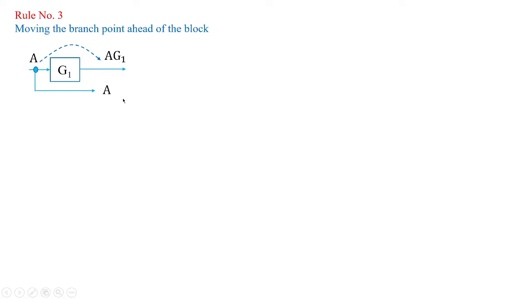Then what is the rule I should follow? Here you see, when A is taken from the input side, the output is A itself. So keep this alteration in your mind: A when multiplied with G1 gives AG1, whereas A is taken as it is, as A. Now how does this alteration have to be done? The rule is framed as: A multiplied with G1 is AG1, and now I should get this A over here.